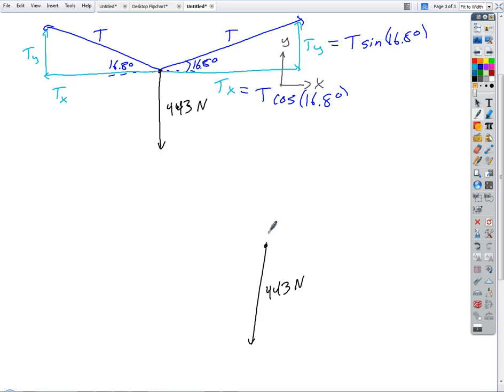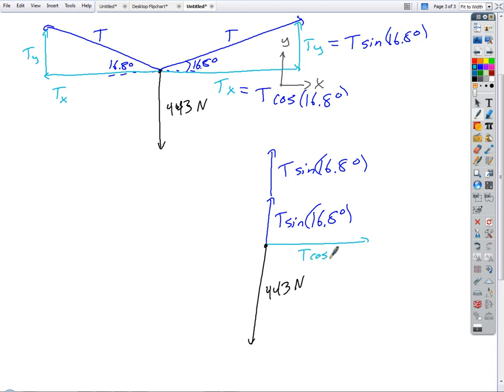We've got T sine 16.8 degrees, and then another T sine 16.8 degrees. And then horizontally, we've got T cosine 16.8 degrees and T cosine 16.8 degrees.